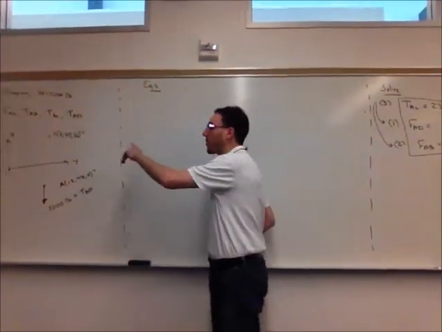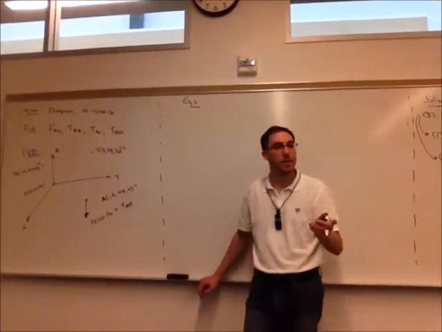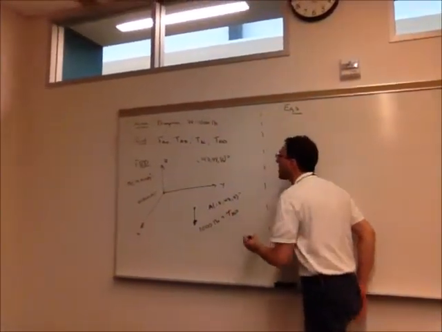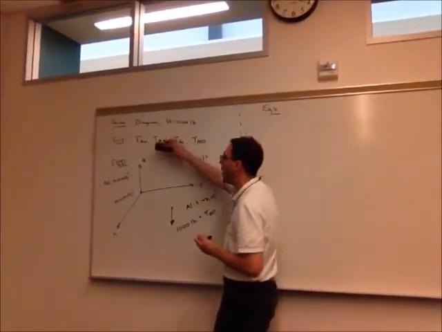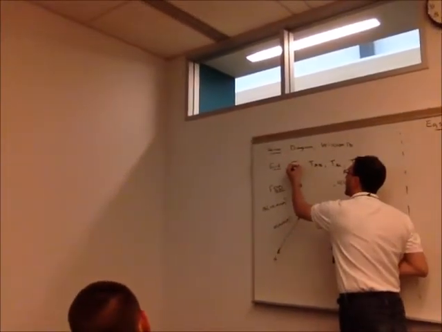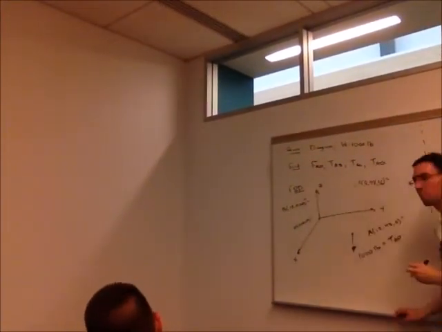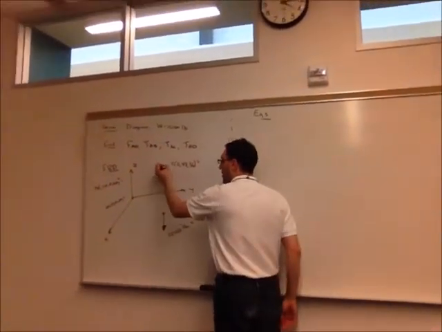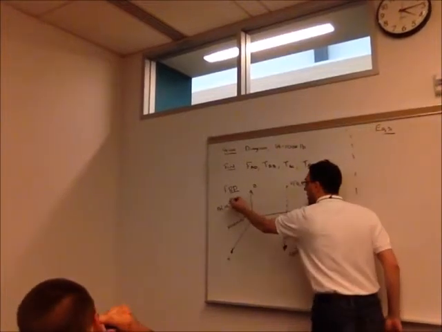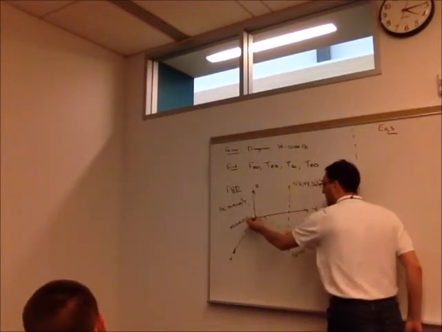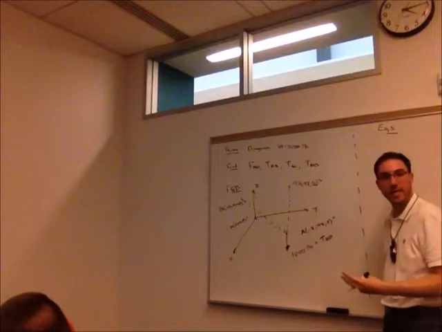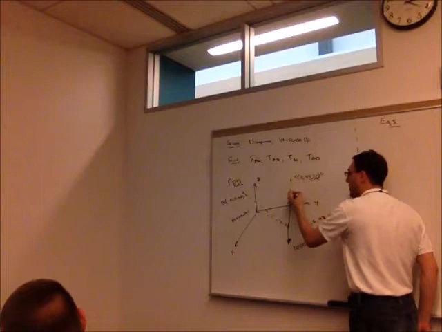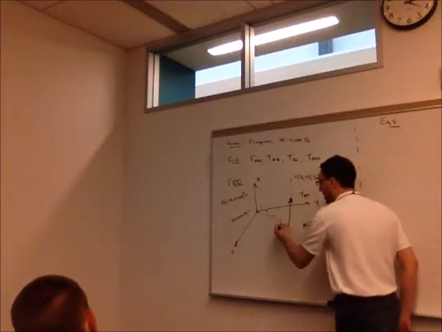So as before, we saw these three unknown tensions attached to it. Yeah? FAD? This is TAD. No. FAO. Oh, okay. Sorry. So three unknown tensions. Again, we know where their directions are. It goes from A to C, a tension from A to B, and some force from A to O. So just like I did in the last one, I want to direct my forces along those directions, and I'm going to assume tension, which two of them must be.